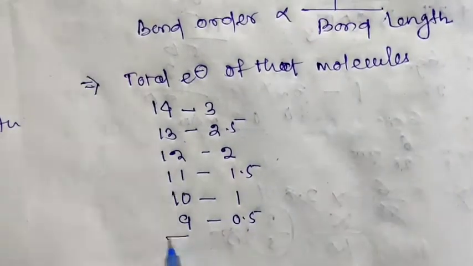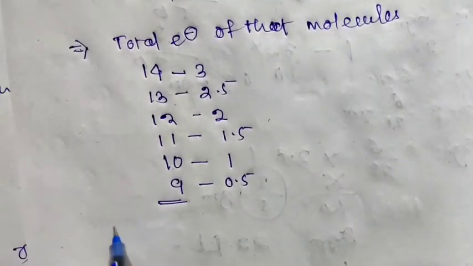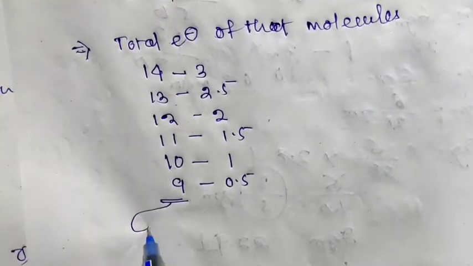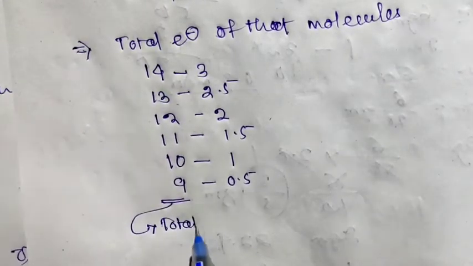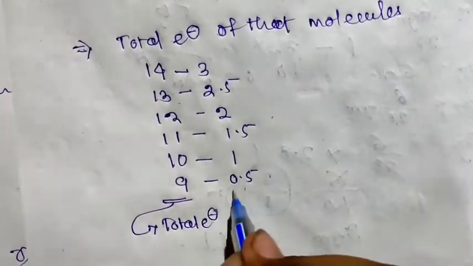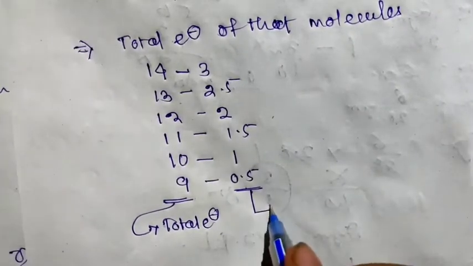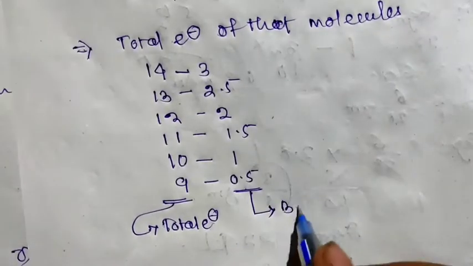This column represents total electron, and this column represents bond order.